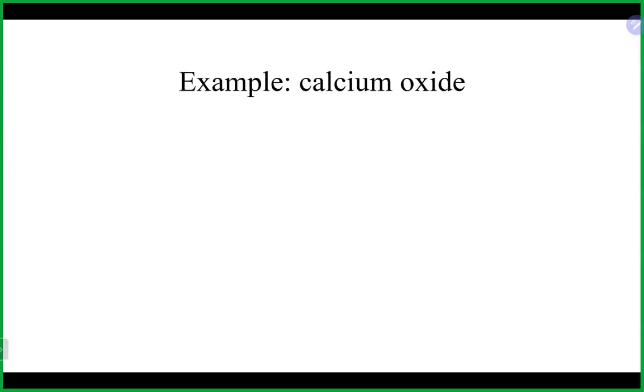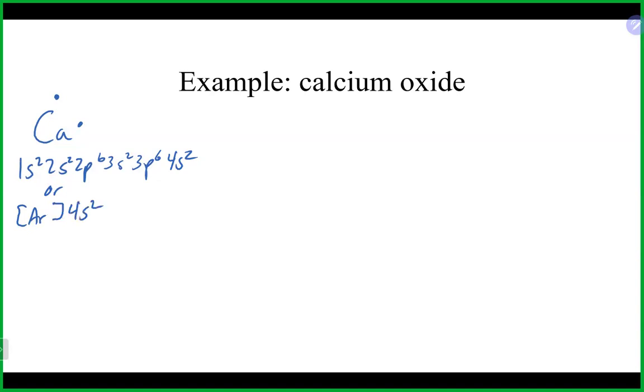Take a look at calcium oxide. Calcium is group 2, so that means that it does have 2 valence electrons. It also has an electron configuration of 1s2, 2s2, 2p6, 3s2, 3p6, and 4s2. Or if you want to shorthand it, that's a little argon 4s2 action happening.